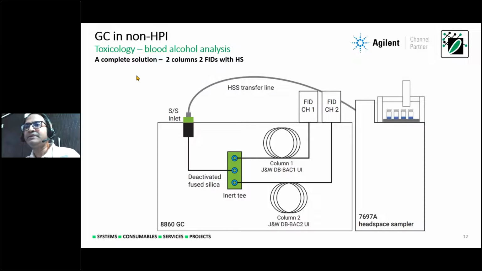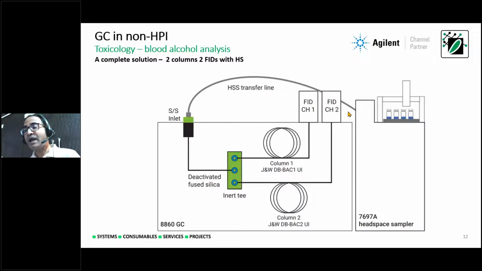Then the arrangement is exactly the same. So we have the headspace, the splitless inlet, the inert T going to two separate columns, and then we're doing the analysis. And once again, why do we have the two columns? It is because there might be the possibility that we might be interested in looking at many more oxygenates, not just, for example, the ethyl and methyl alcohol, but there might be some other compounds also that one might be interested in.